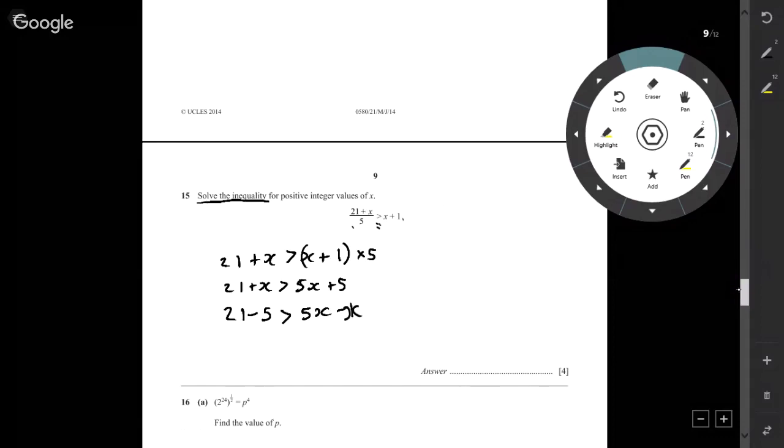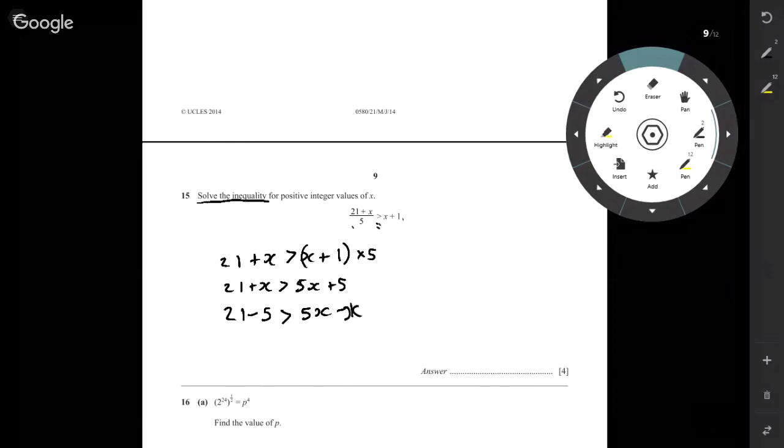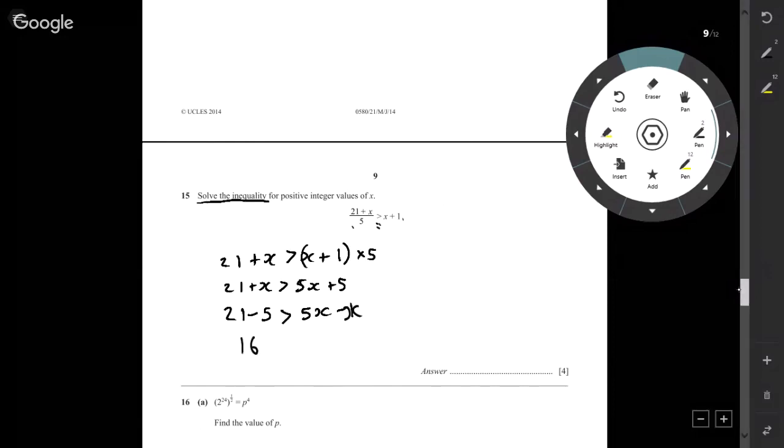So they're here now. If we continue this on, then we get to 21 minus 5, which is 16. And this becomes 4x, and then 16 divided by 4. There we go. So that is 4.